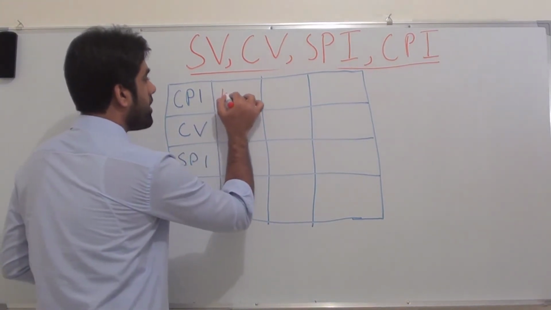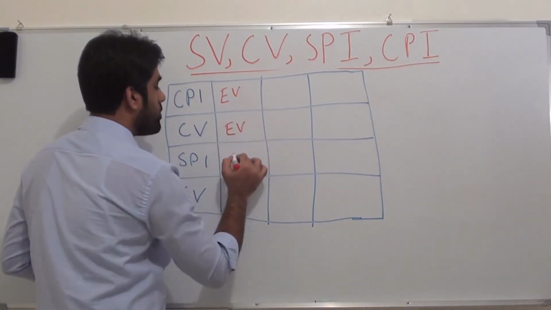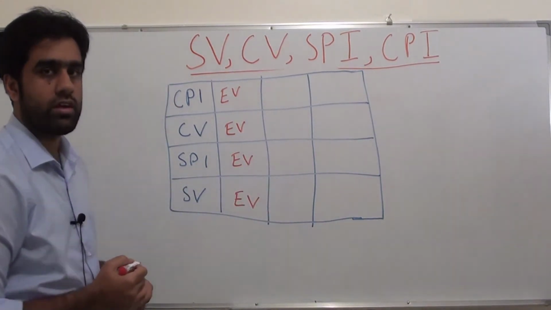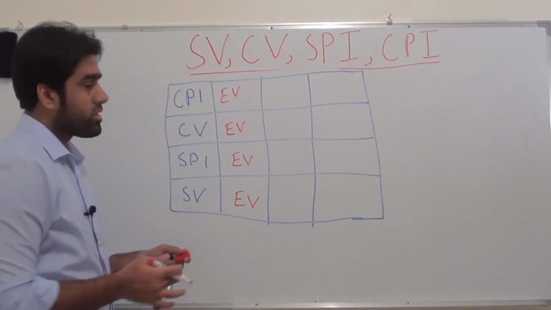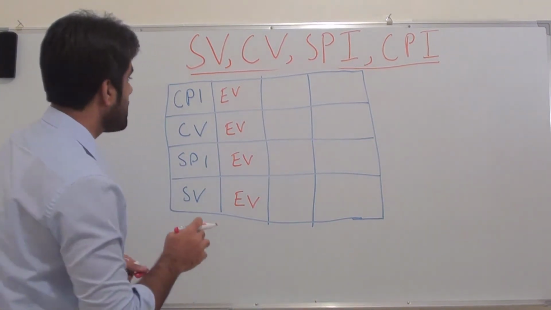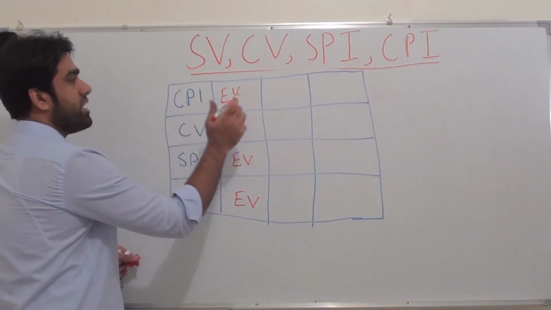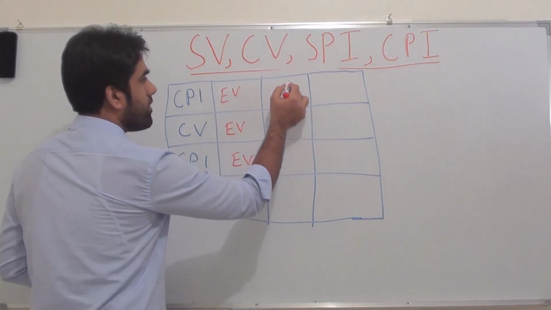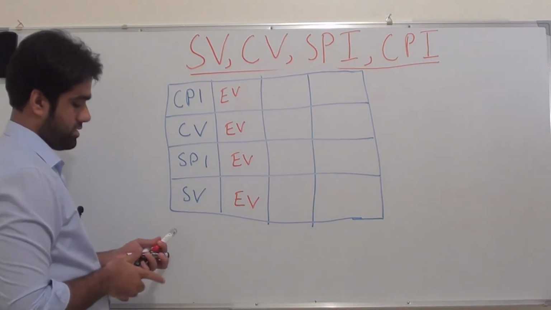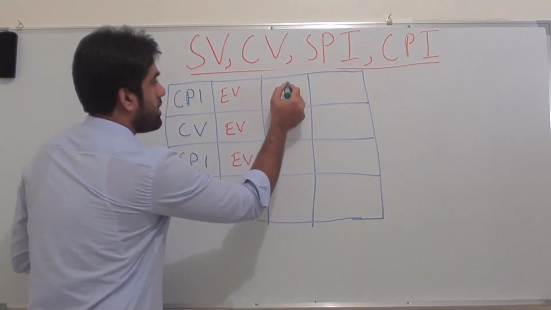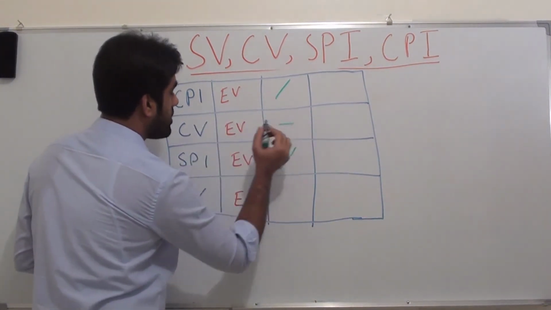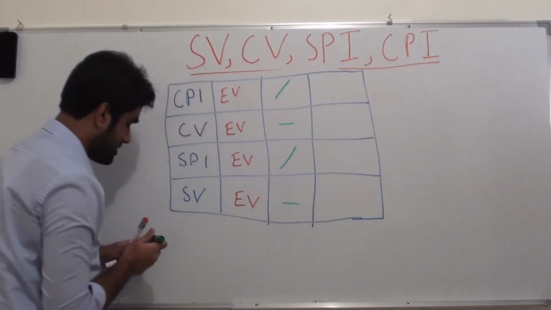So just blindly write earned value, earned value, earned value, earned value. Put it in your mind. In case of indexes, it will be divide. In case of variances, it will be minus.